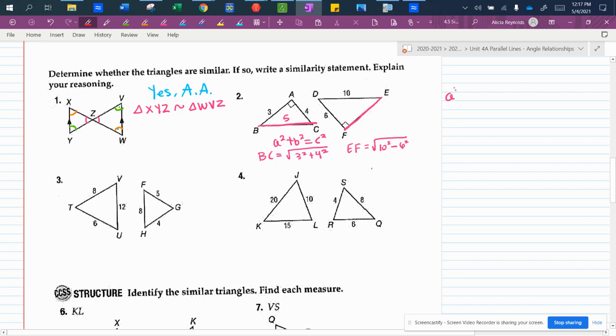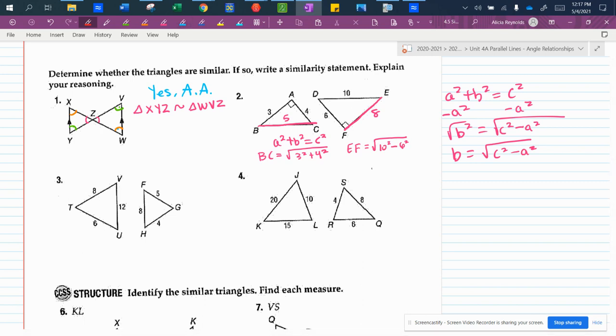Because if we're thinking about A squared plus B squared equals C squared, if I'm solving for a side, I need to subtract and then take the square root. So what is EF? 8. Very good.